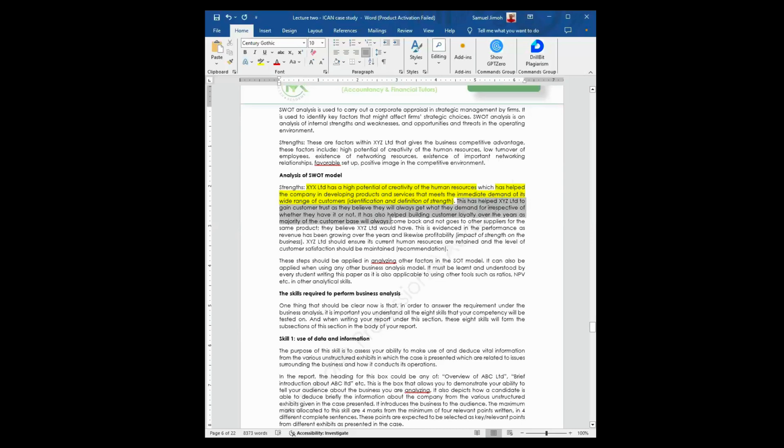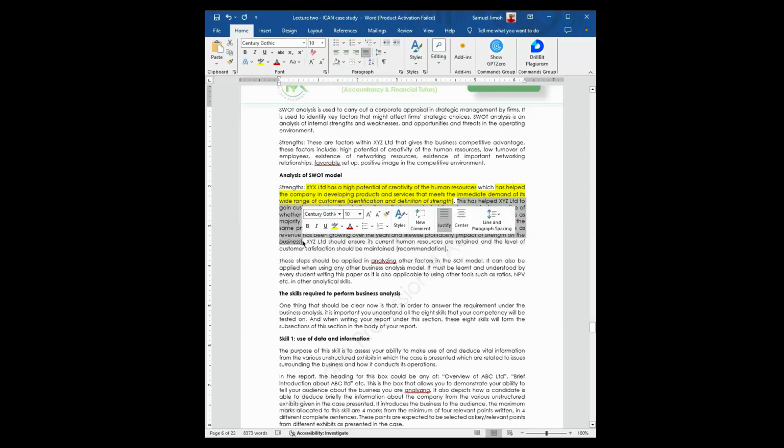It has also helped in building customer loyalty over the years, as the majority of the customer base will always come back and not go to other suppliers for the same product. This is evident in the performance, as revenue has been growing over the years, and likewise profitability, which is the impact of the strength on the business.